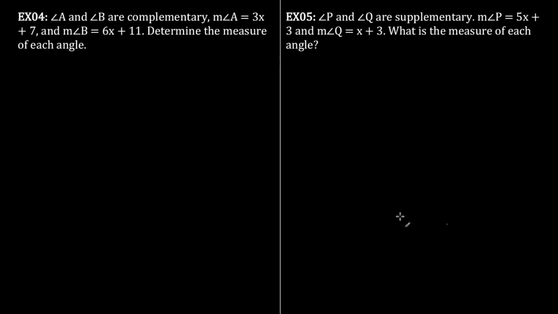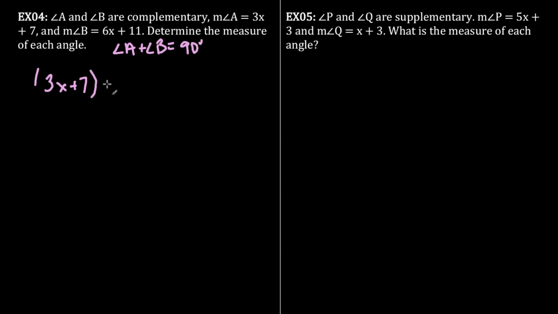A and B are complementary. The measure of angle A is 3x plus 7 and B is 6x plus 11. We know that angle A and angle B are complementary, so they add up to 90 degrees.